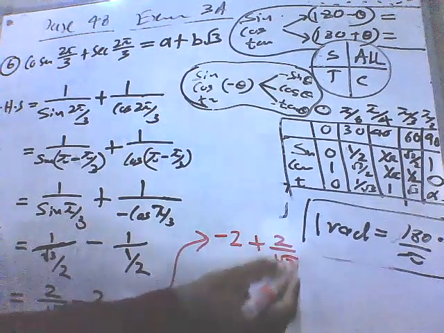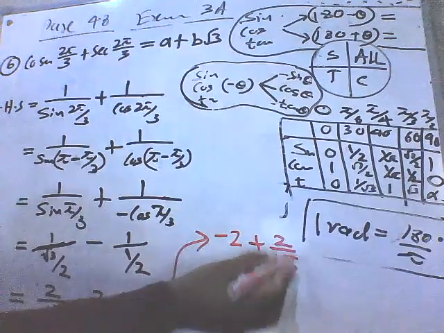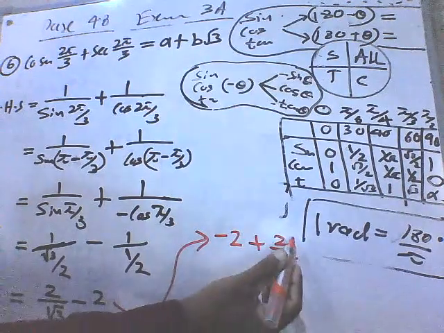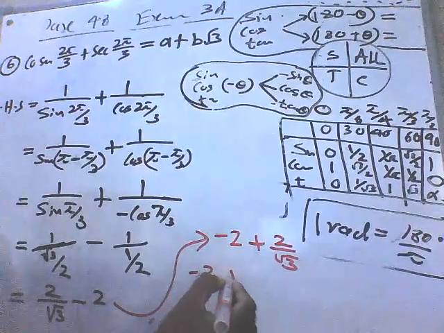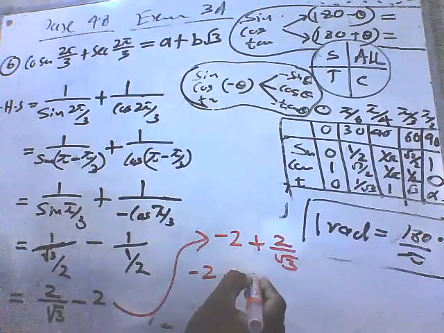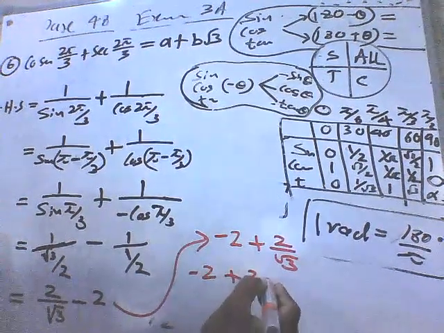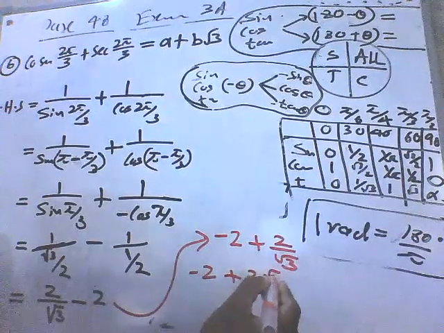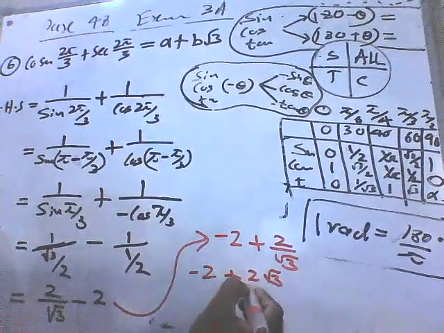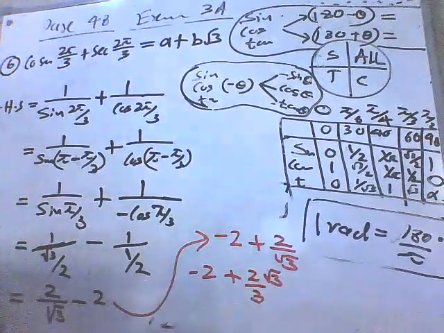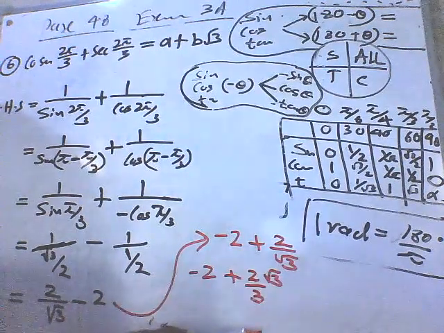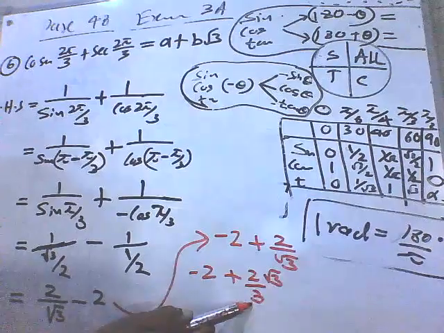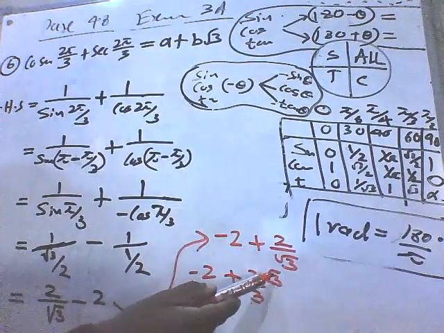The denominator and the numerator I'm going to multiply by root 3, then you will get minus 2 plus 2 root 3 over 3.